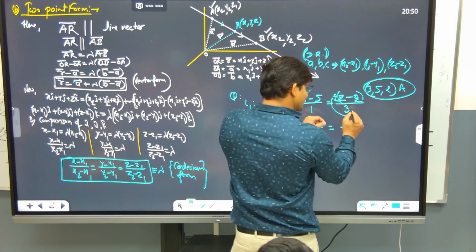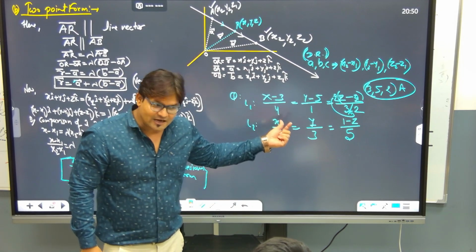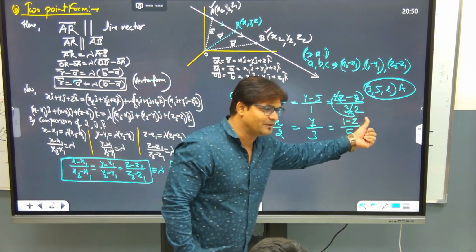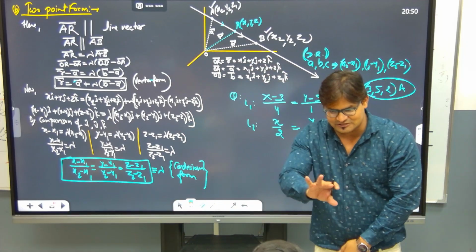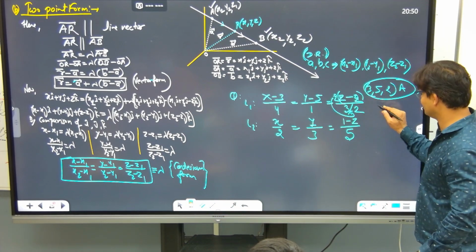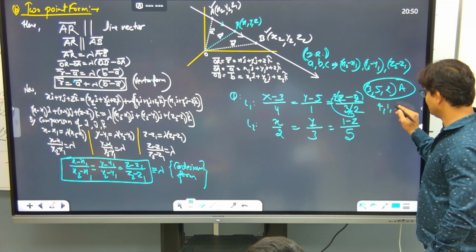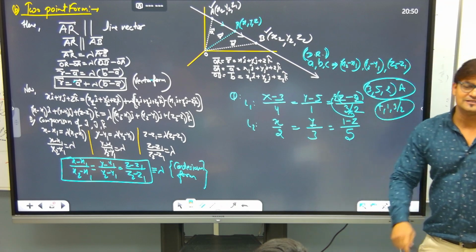We can take it this way, 3 by 2. Understand? So the direction ratio in this case is 4, 1, 3 by 2. Clear? So if we have the direction ratio, then we can find DC also and the angle also. We started the class from the DC, direction ratio of this. So DR is 4, 1 and 3 by 2.